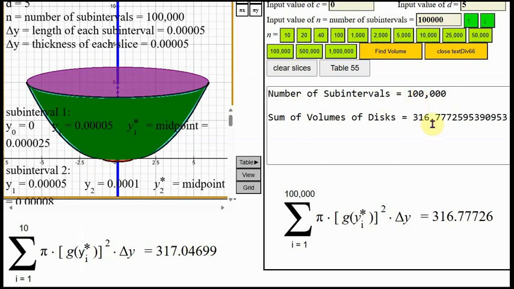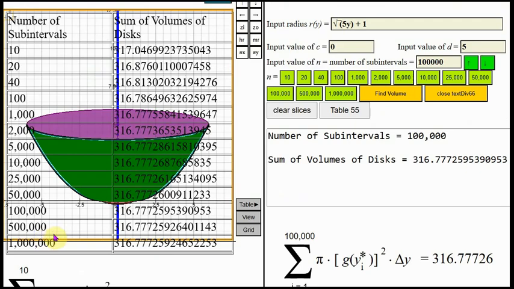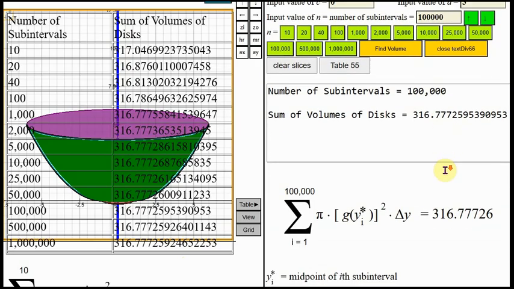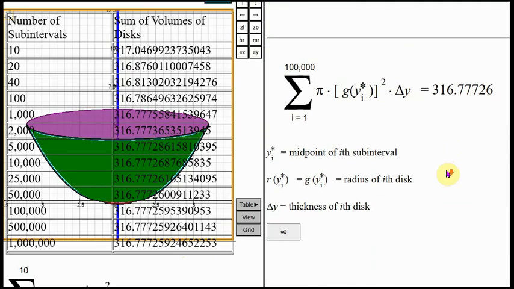So right now we're dividing this solid into 100,000 slices, and the volume of the 100,000 cylinders will be 316.777259. And for 500,000 slices, we'll get 316.777259. And for 1,000,000 slices, we get 316.7725924. And as I mentioned earlier, this is still only an approximation, so to get the exact volume for this solid, we need to allow n to run to infinity.